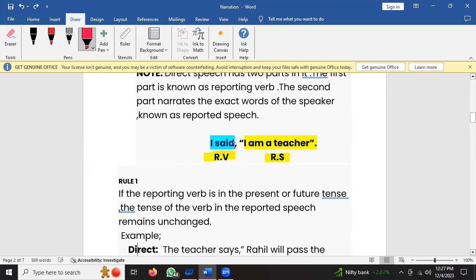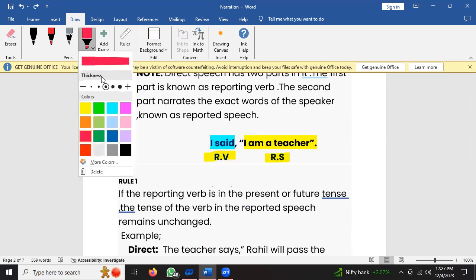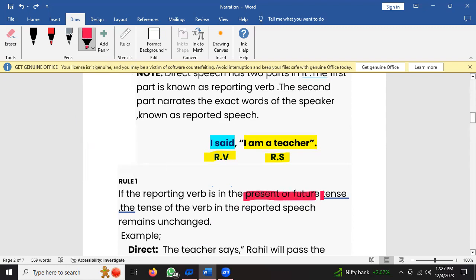Now, rule number 1 says if the reporting verb's tense is present or future, there will be no change from this side. Okay? This will not be changed then.